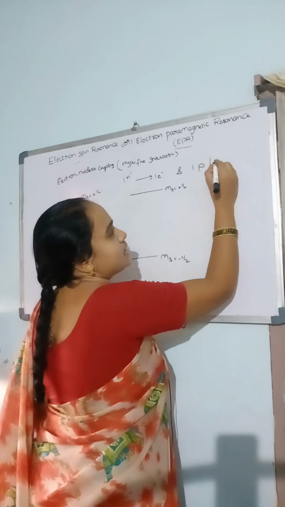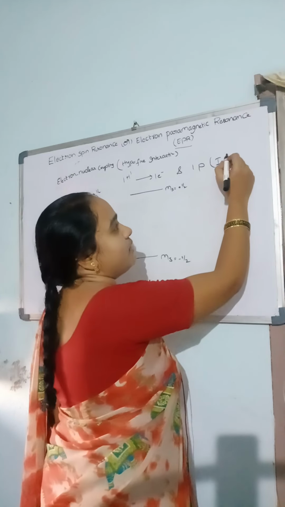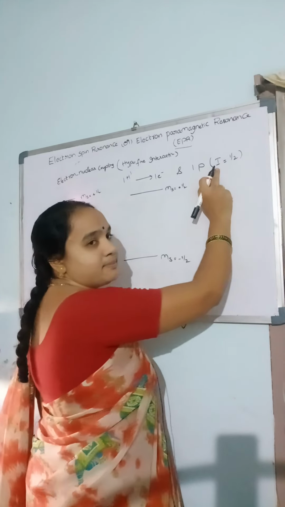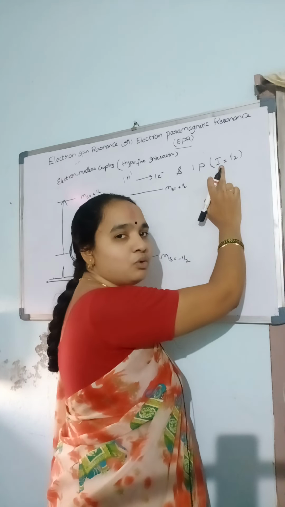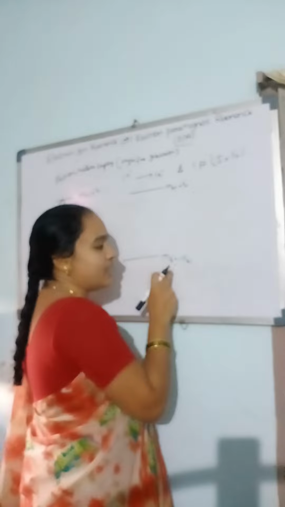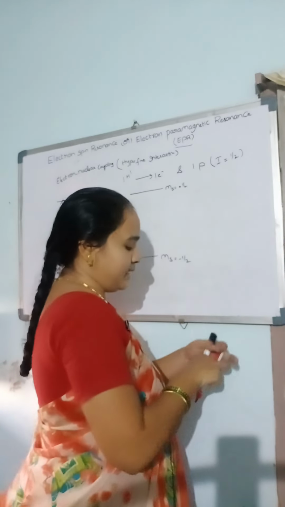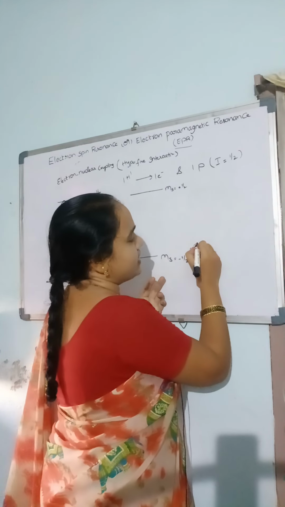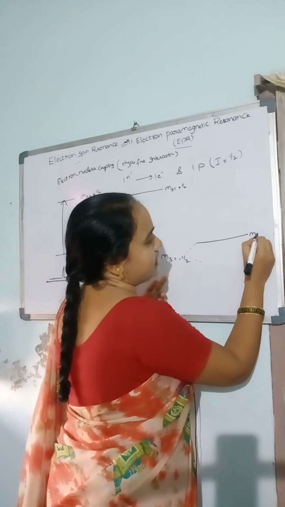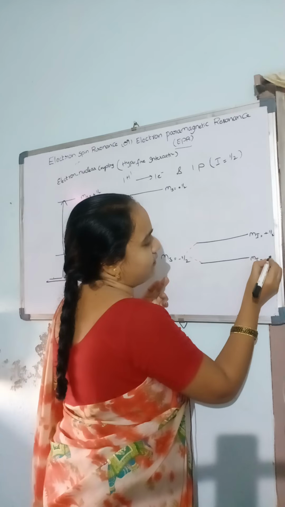What is its value? It is represented with the letter I, called the nuclear spin value. It is 1 by 2. When it is placed in an external magnetic field, it will also split into two components. That is, here this electron spin state is further split into two different nuclear spin states, that is, mI equal to plus half and mI equal to minus half.